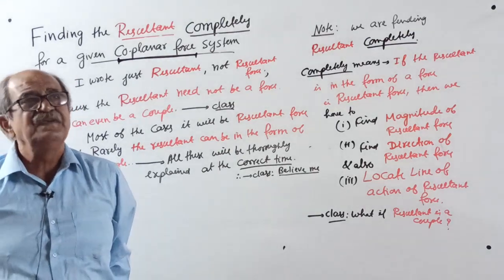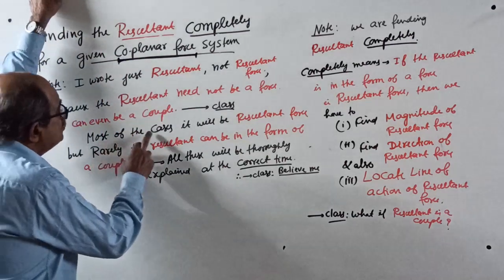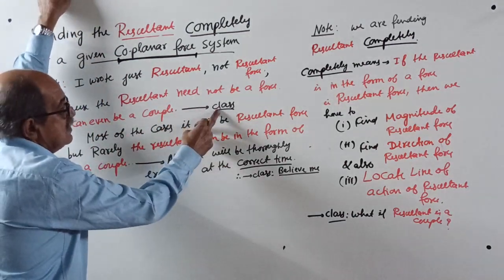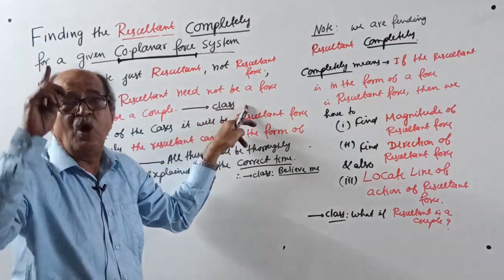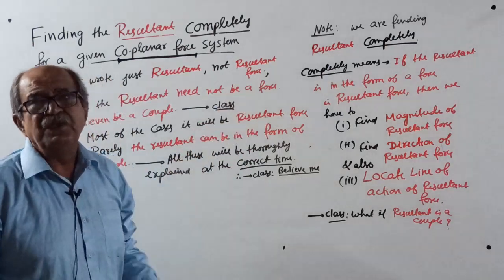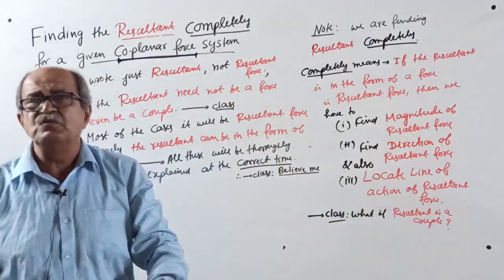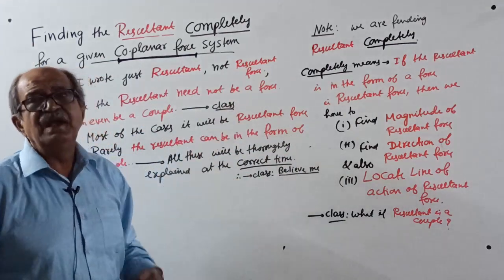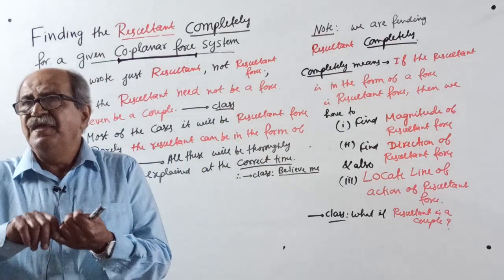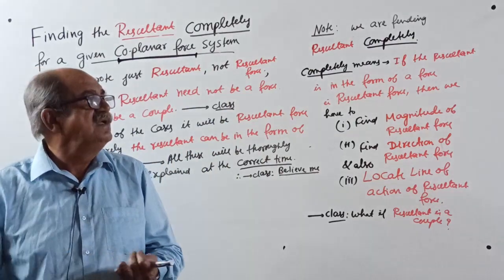In some rare cases, it can be in the form of a couple. Class, this I told long back while defining, and more of this will be explained to you when the time comes, not right now. So remember, resultant means never blindly tell it is a force. It can be either a force or, rarely, a couple.